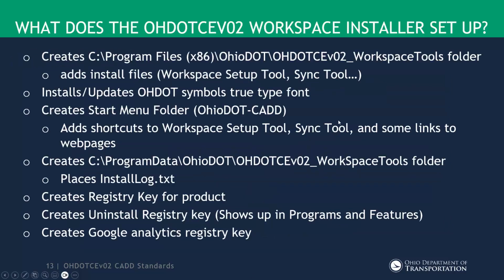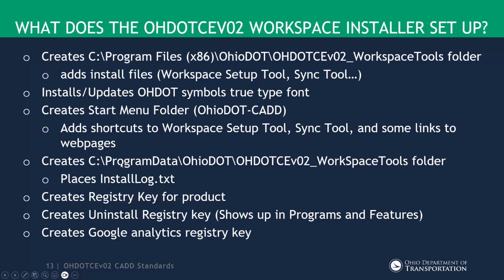And so what does the installer do? If you want a bullet point list, it's going to create some install folders. It's going to install our fonts, so we have the OHDOTCEv02 TrueType font. It's going to create a Start menu folder called OHDOTCAD. That's where you're going to find shortcuts to launch the tools that it installs, and we also put some extra links to different websites in that Start menu folder.